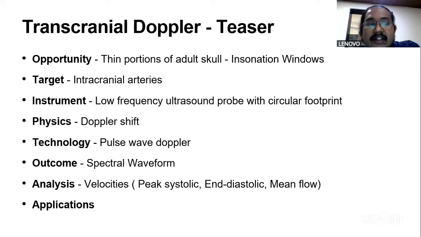Using this, a spectral waveform comes out and we analyze it to get peak systolic, end diastolic, and mean flow velocities. By looking at these velocities and the waveform, we apply this spectral waveform analysis to various pathologies of critically ill patients with acute brain injury.